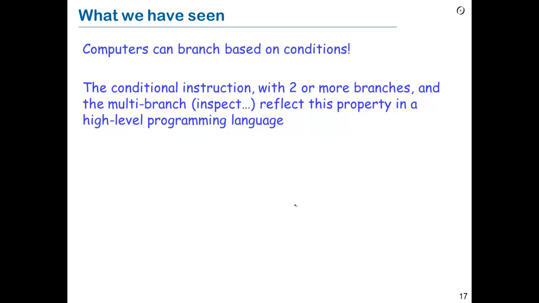In general, we can have 2, 3 or more branches. We have two ways of achieving it. As you saw, we have the conditional instruction and we have the multi-branch, which are slightly different, and they have different requirements. The multi-branch applies only in the case in which we are comparing specific values of a certain expression.